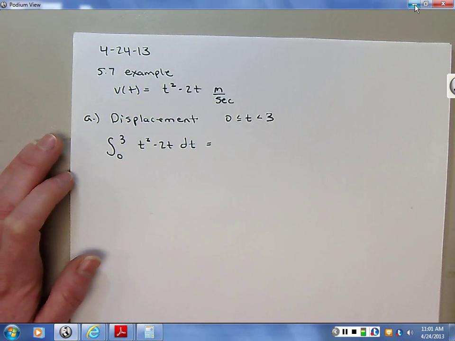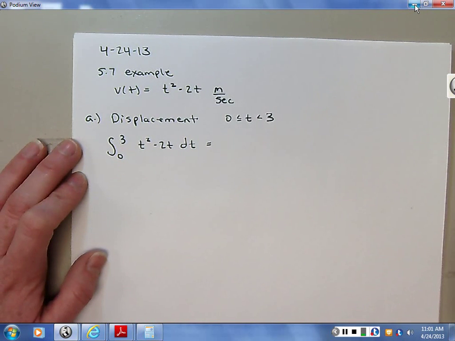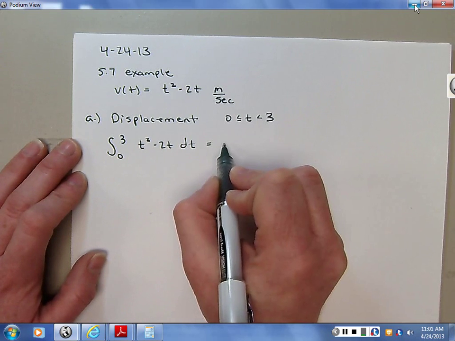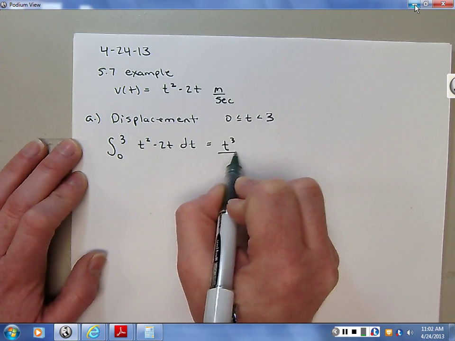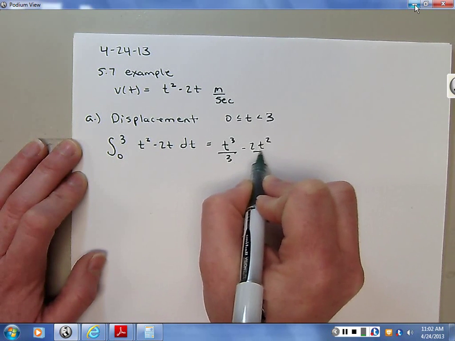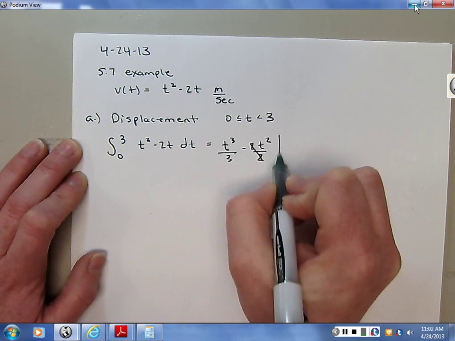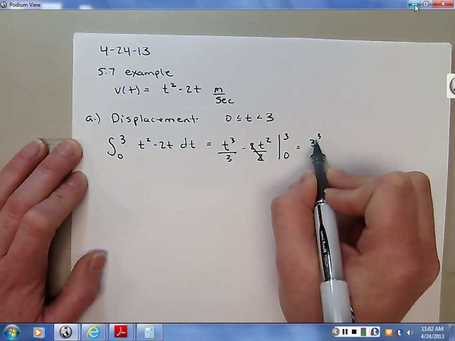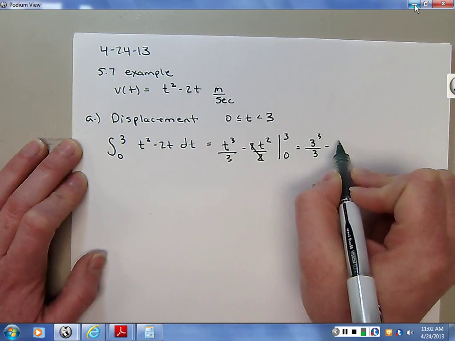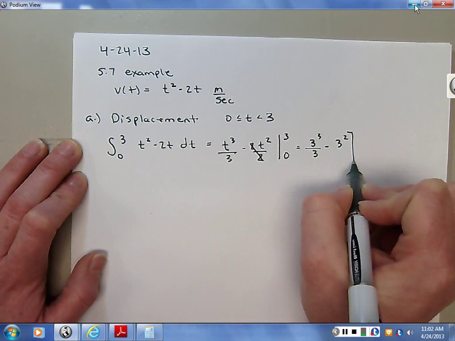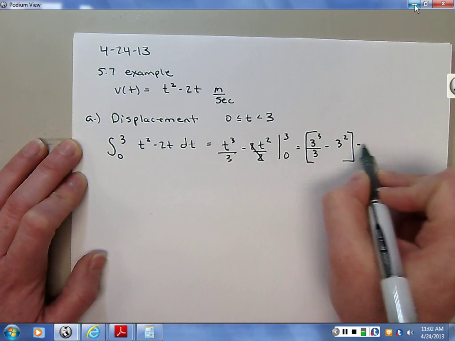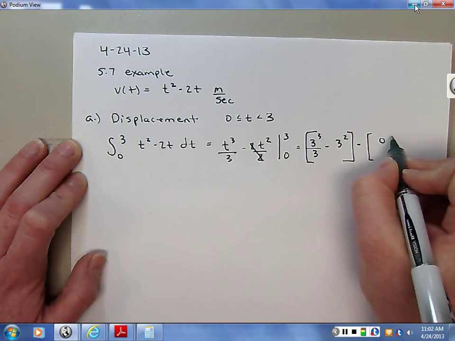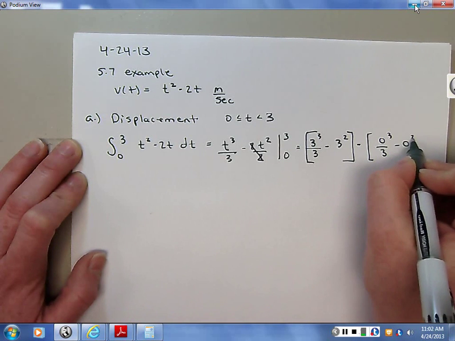What is the antiderivative of t squared minus 2t with respect to t? Then I plug in my upper bound minus my lower bound, so I have 3 cubed over 3 minus 3 squared minus 0 cubed over 3 minus 0 squared.